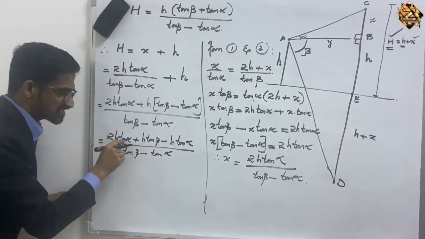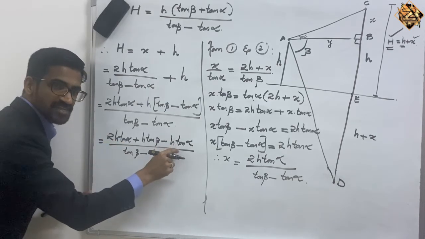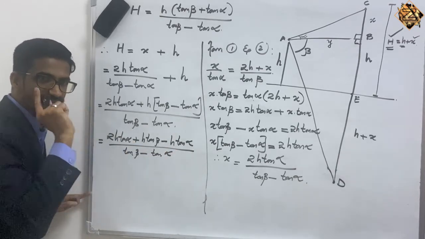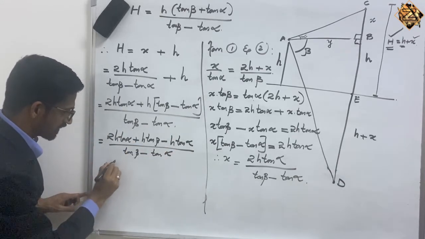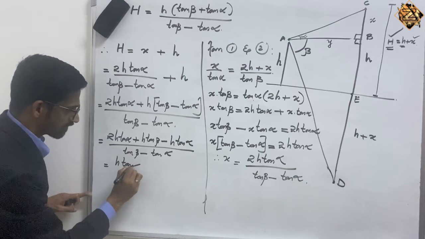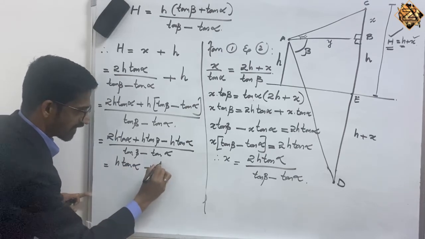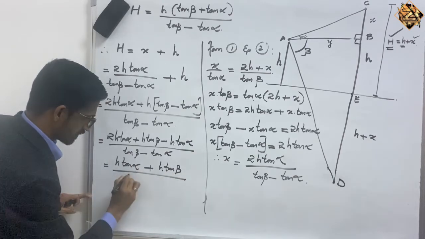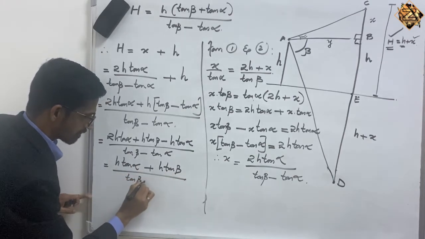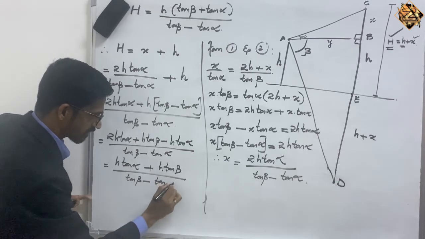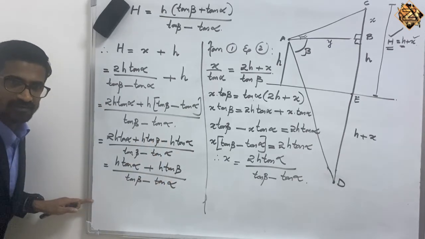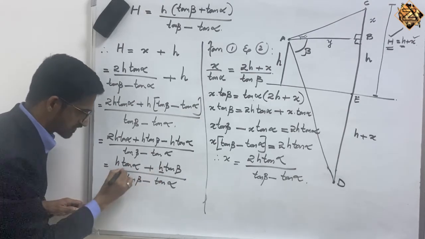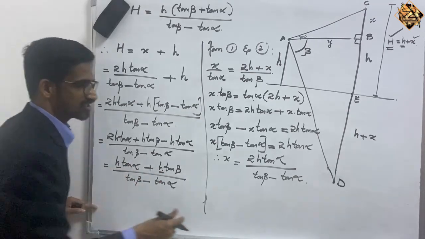Now 2h tan alpha minus h tan alpha is 1 h tan alpha. So that equals h tan alpha plus h tan beta by tan beta minus tan alpha. Hope it is clear up to here. Now from the numerator, we take the h term outside.